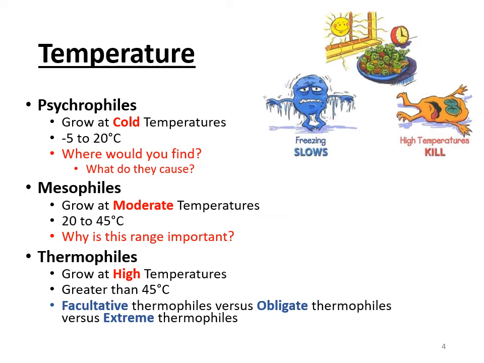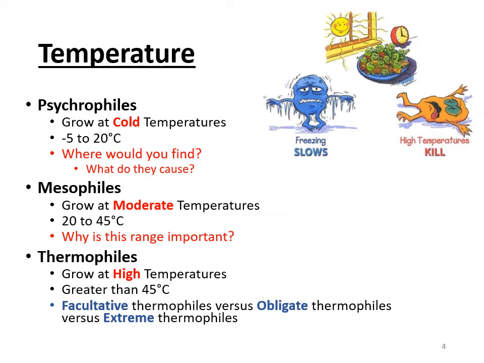Okay? Whereas facultative, they are not obligated. They're not required to. They just like high temperatures, but they can also grow below that. So a facultative thermophile will grow above 45 degrees Celsius, but also be able to grow below that, which means these guys can also grow at 37 degrees Celsius, which you have to remember, that's body temperature.